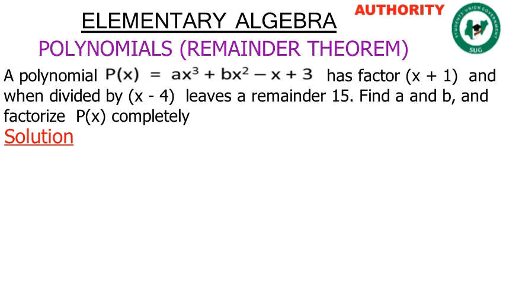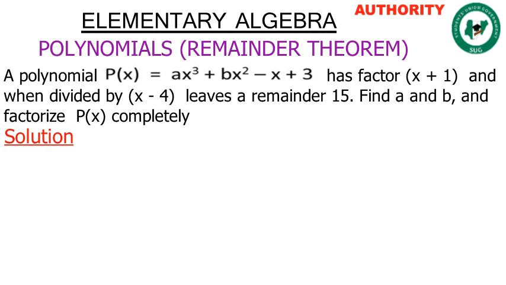We said that this p of x has a factor x plus 1. That means this function is divisible by x plus 1, and it will leave no remainder.